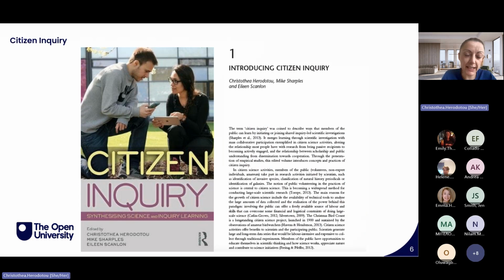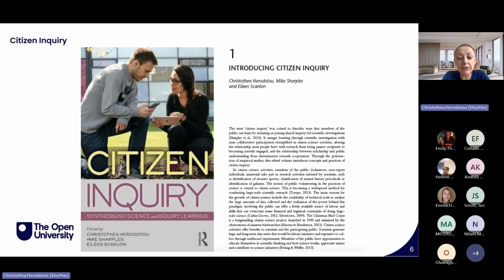What I'm going to explain here is the conceptual basis, let's say, of the nQuire platform. So a few years ago, we published an edited collection on citizen inquiry. And citizen inquiry is the concept we use to stress the importance of engaging the public actively in the process of research.